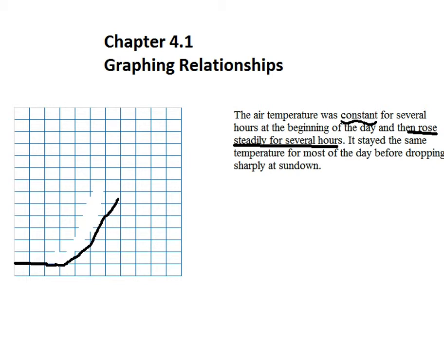Alright, not the best steadily drawer, but still. And it stayed the same temperature for most of the day. So we have another horizontal line for a bit before dropping sharply at sundown, where it just falls to the ground.